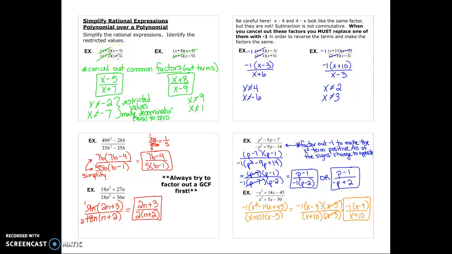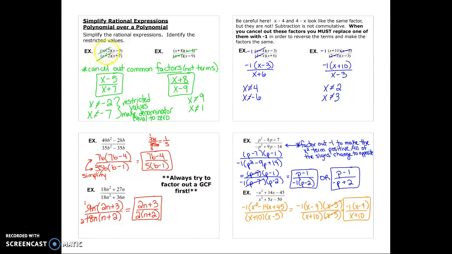What you can do when they're polynomials and when they're already factored for you, you can cancel out common factors. Okay, so we cannot just cancel out common terms. It has to be an entire factor that is exactly the same in the numerator and in the denominator. Okay? Which makes sense because remember, anything divided by itself is really 1, which is why we're allowed to cancel here.